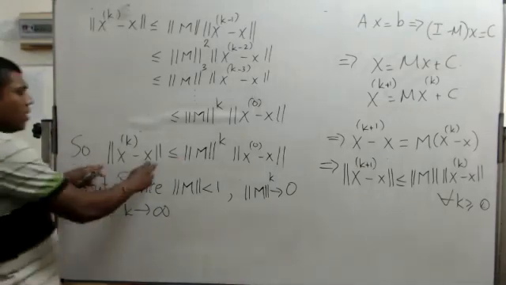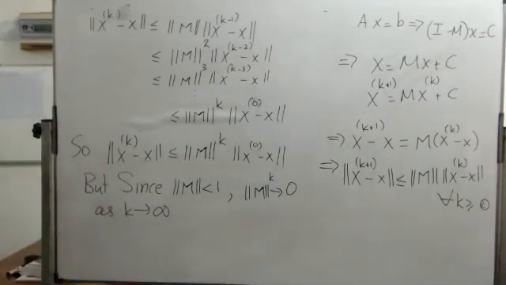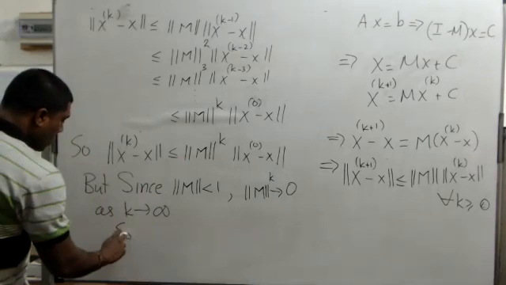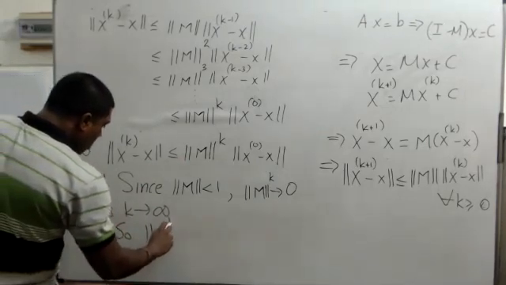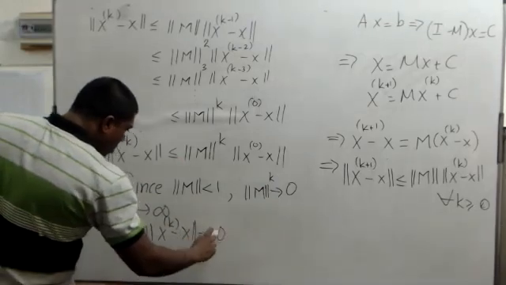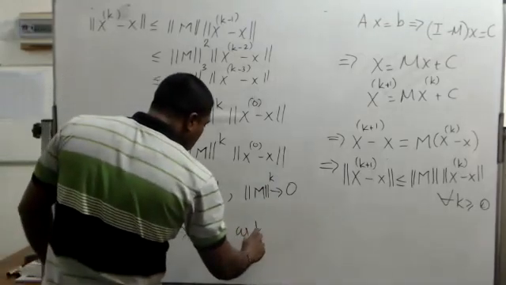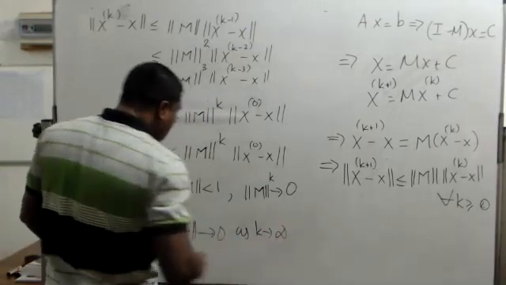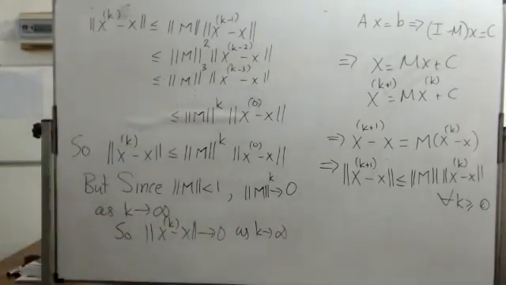So obviously the smaller part will go to 0. So as k goes to infinity, ||x_k - x|| goes to 0.